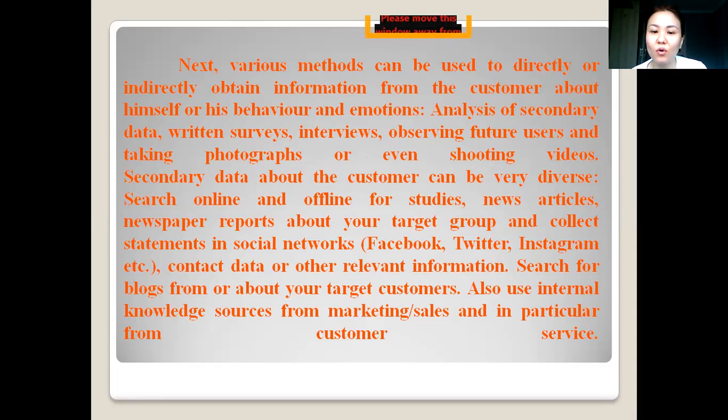Search online and offline for studies, news articles, and newspaper reports about your target group, and collect statements in social networks, contact data, or other relevant information. Search for blogs from or about your target customer. Also use internal knowledge sources from marketing, sales, and in particular from customer service.